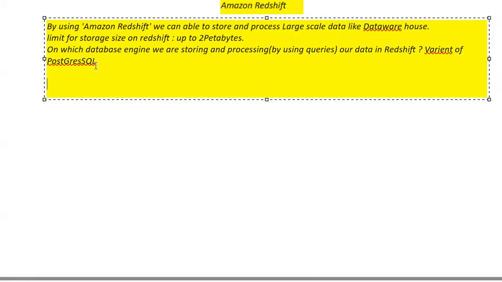Big data. Redshift is specially designed and optimized for analytical workloads on large data sets, that is big data. So Redshift is heavily modified to manage big data workloads efficiently.